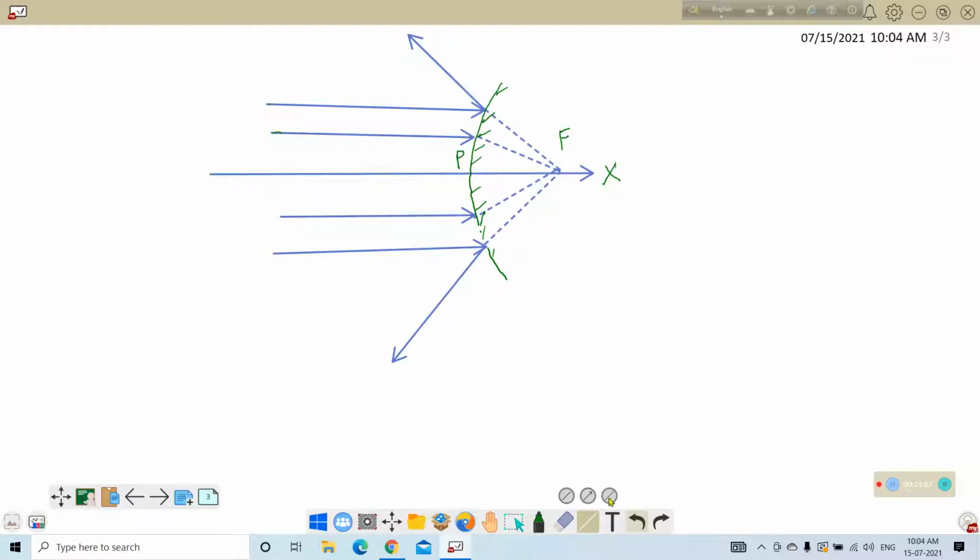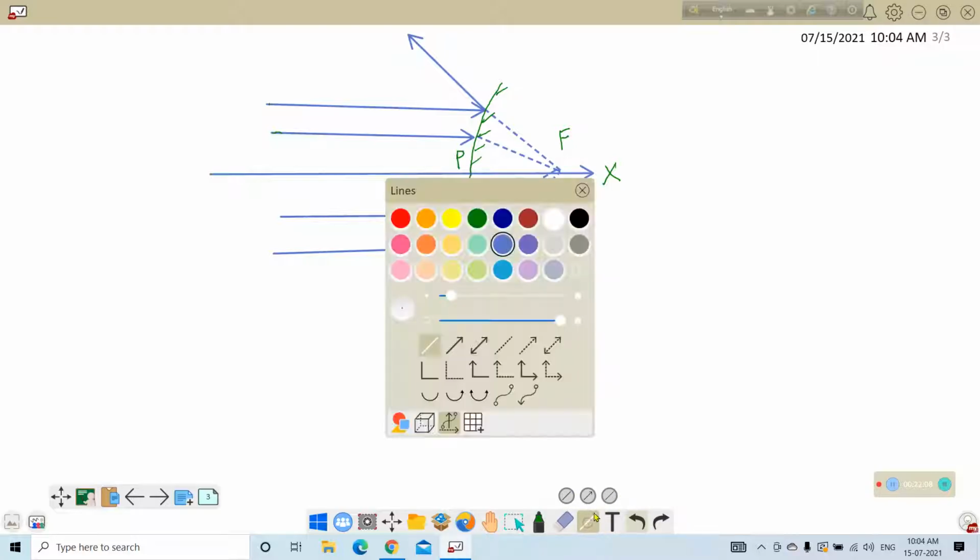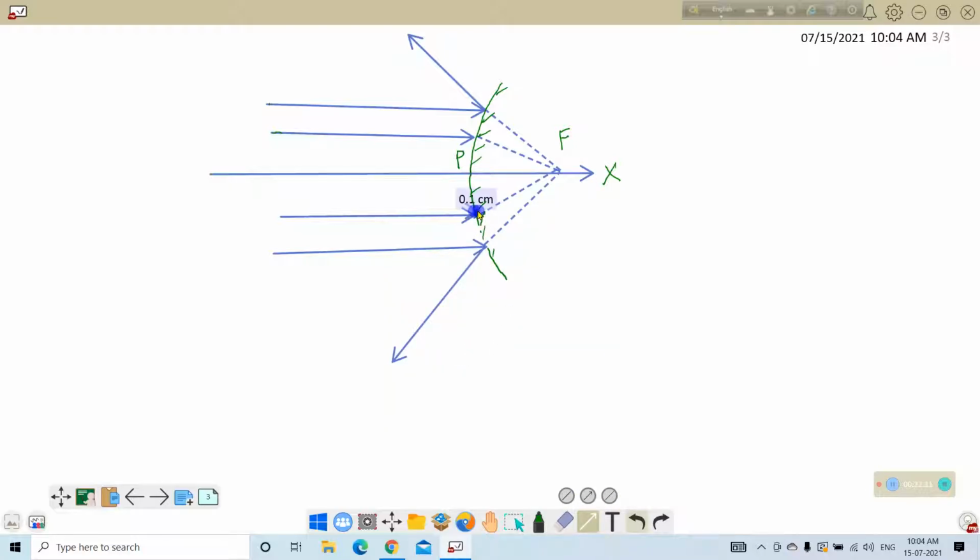And if we produce this virtual ray along this direction, actually this line is a continuation of this virtual ray. Similarly, this line is a continuation of this virtual ray.